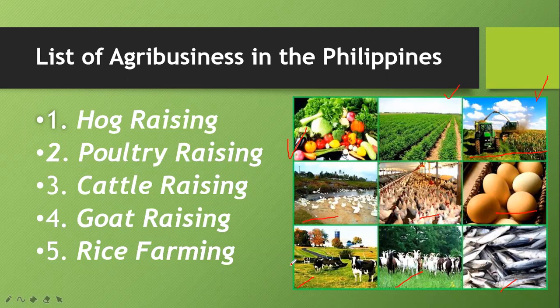Parehas karon mahal jud kayo ang baboy, no, like very small, gamay lang siya per kilo is mahal na siya, like for example, 1 kilo is 300 plus na siya. Sa una we just have 100 up na lang ang iyahang presyo per kilo, pero karon mahal na kay nabot na siya og 300 plus. Now we also have the poultry raising.